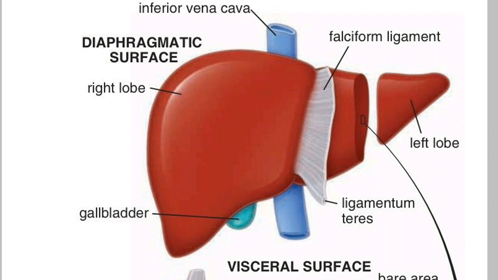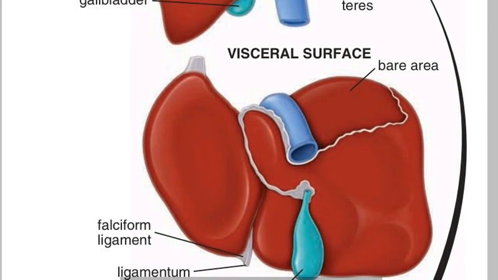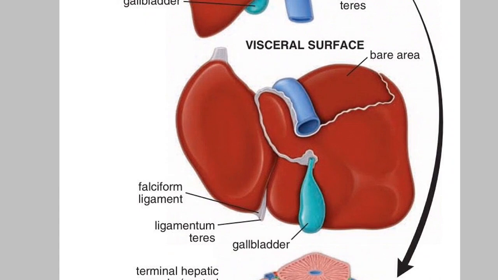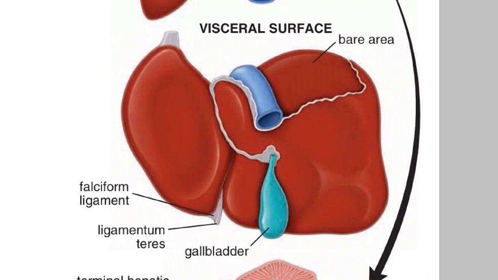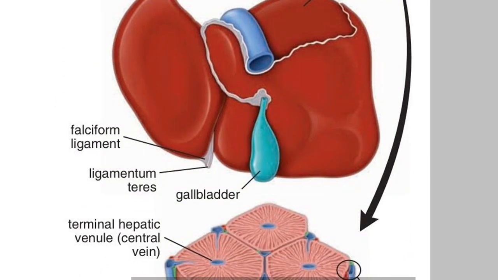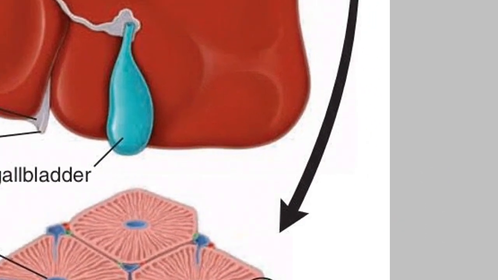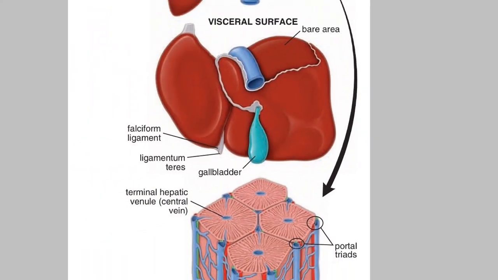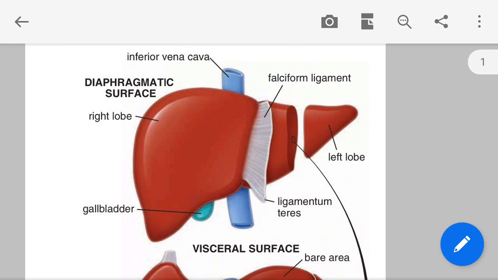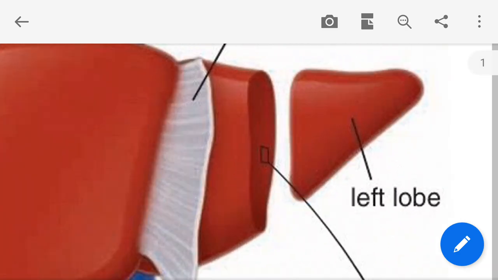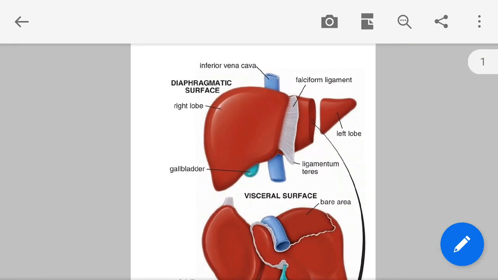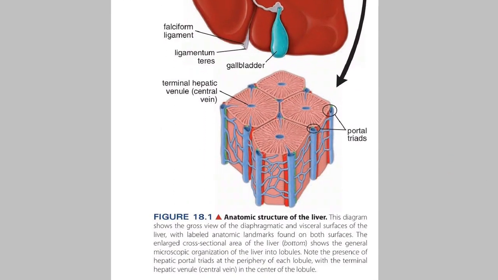Now, this is the visceral surface of the liver, and you see the position of the gallbladder and the ligaments. Here they are showing the black color arrow, and you see this very small rectangle box. So we are zooming into this rectangle box.